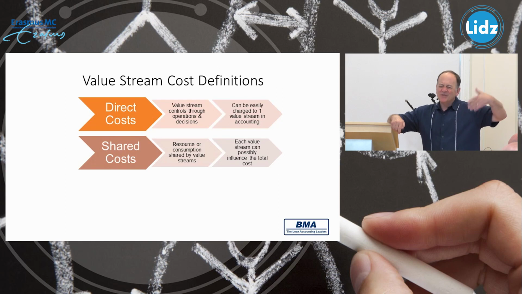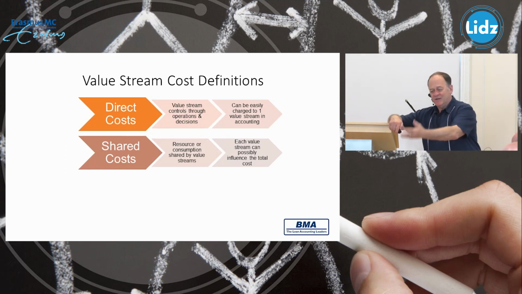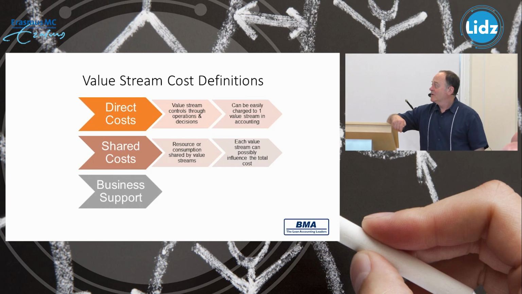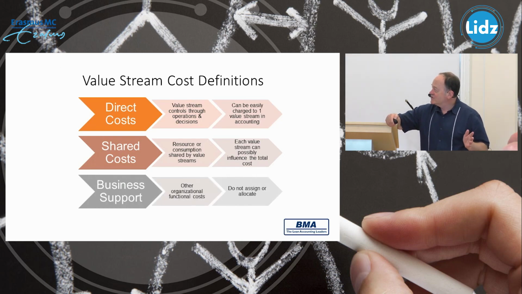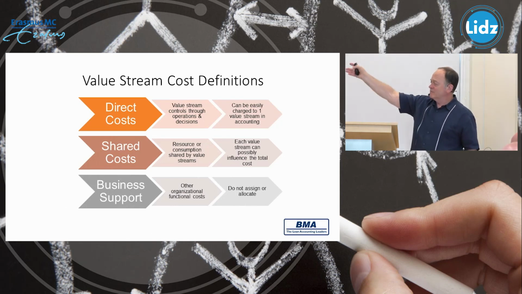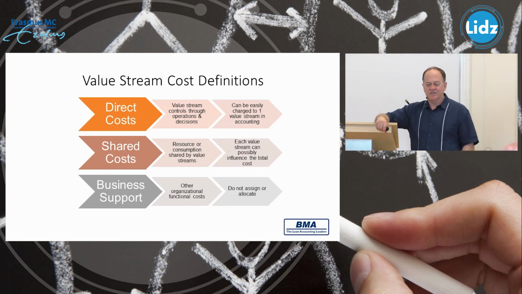In the US, imaging does generate a little bit of revenue, but it's also used by the emergency department and all these other areas. Then you have your business support costs, things like the cost of finance and human resources and your admin costs, and we don't put those into the value stream income statement.